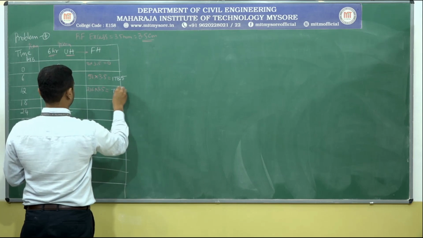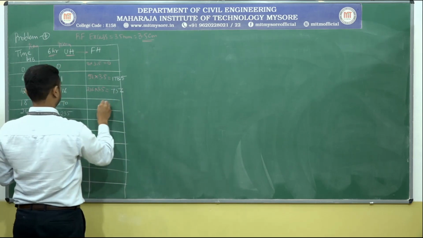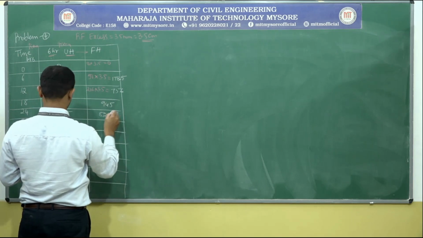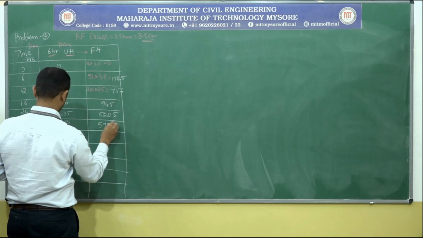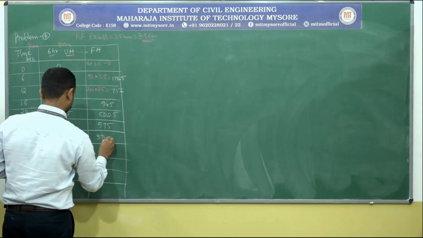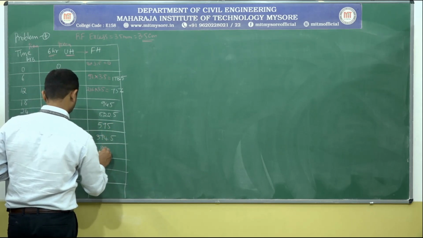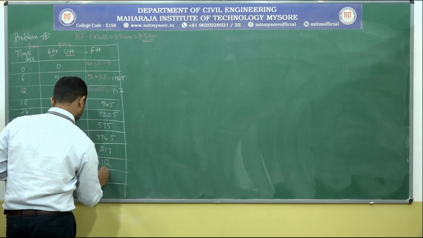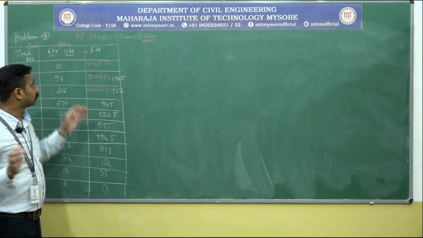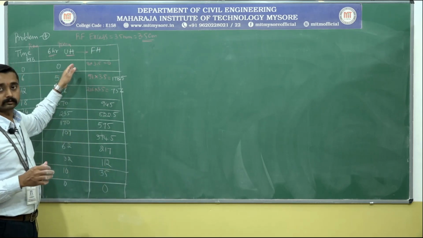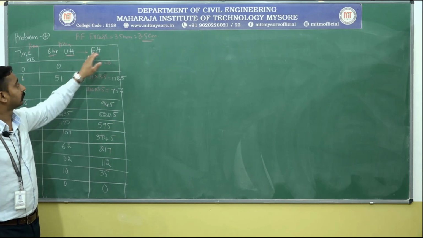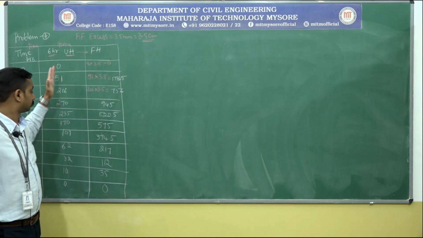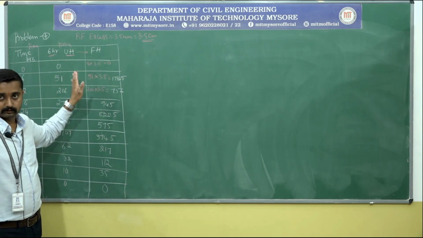Next, this has 756 and this has 945 and 822.5, 595, 374.5, 217, 112, 35, 0. Just I converted unit hydrograph of 1 centimeter depth rainfall excess to flood hydrograph of 3.5 centimeter rainfall excess. Just multiply these ordinates by 3.5.